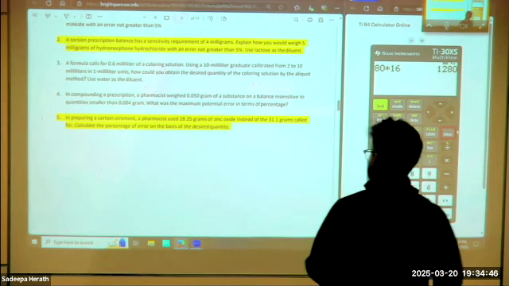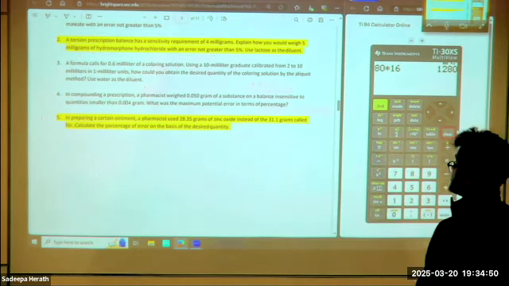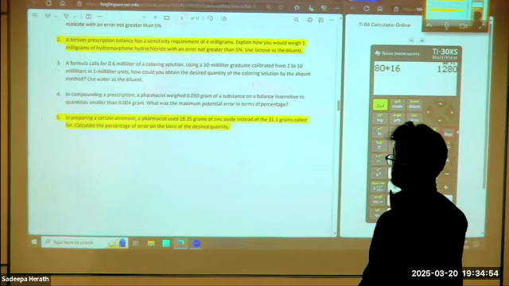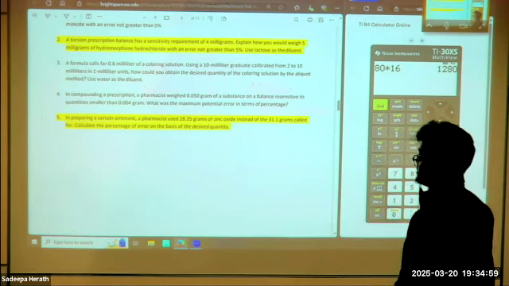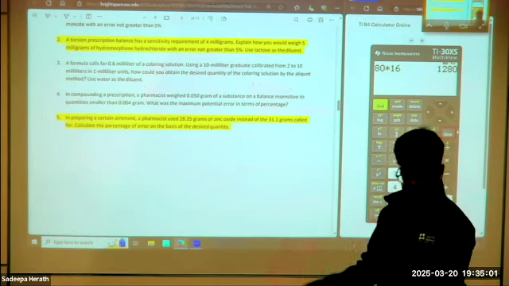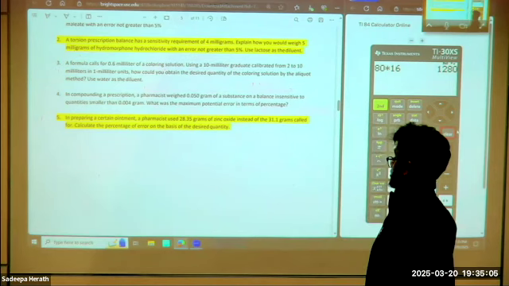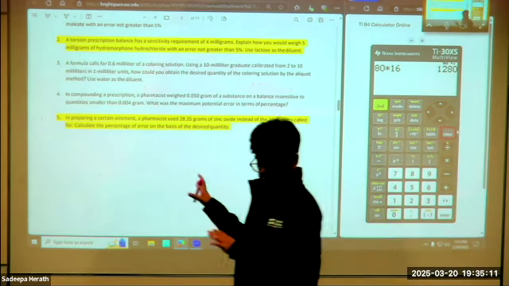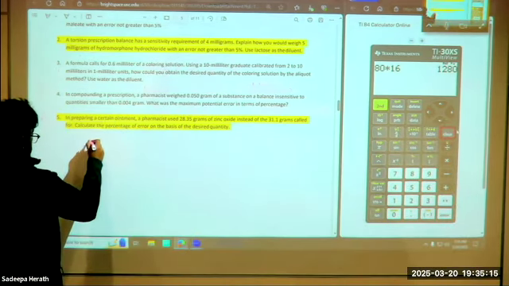Okay. Number 5. In preparing a certain ointment, a pharmacist used 28.35 grams of zinc oxide instead of the 31.1 grams called for. Calculate the percentage of error, so just rewording, on the basis of the desired quantity. Okay, so let's write our equation for that.